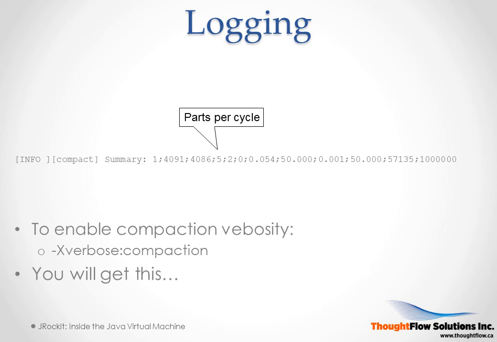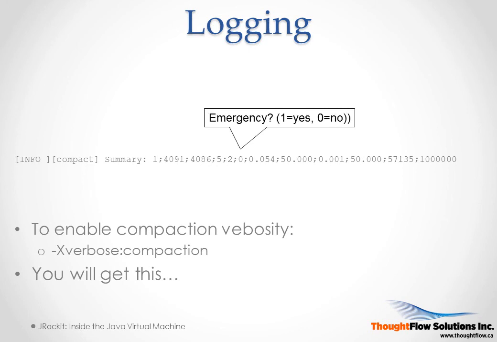In this case here, the JVM has been configured to compact 5 parts per cycle, and as I said, 2 is an external. Then we have these flags here, which mean is this an emergency compaction or not. In this case, it's 0. This is the actual time spent compacting. And we have the limit, which is in this case 50.